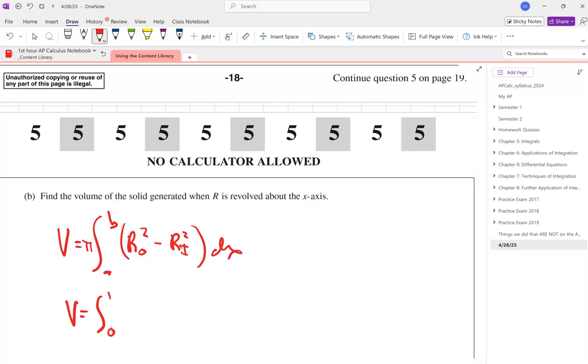So we're going from 0 to pi over 2 of g of x squared, just going to write it here, minus f of x squared dx. And I guess it should go without speaking why I'm doing this with respect to x, right?